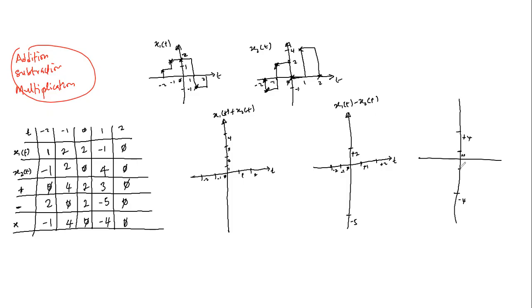Then let's say this is negative 1 here. Okay. This is 0. So this is negative 1. So this is negative 2. So this is positive 1. So this is positive 2. So this is the time axis. So we're going to be performing the multiplication operation here.